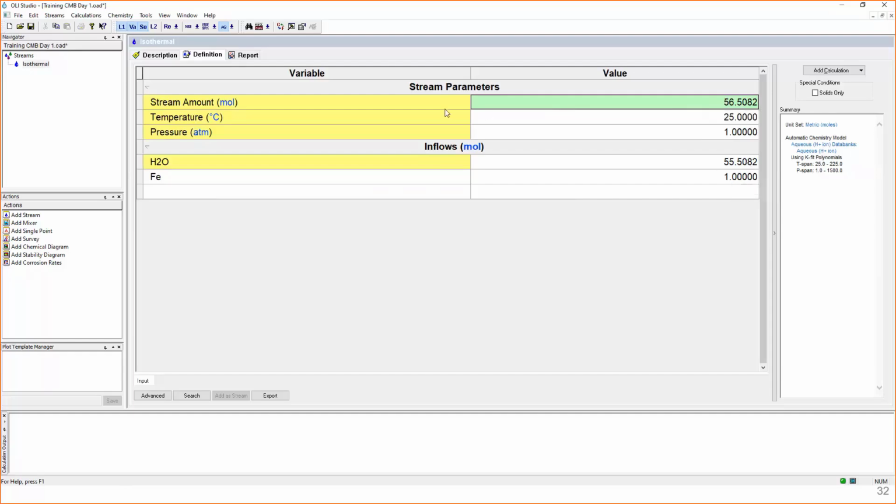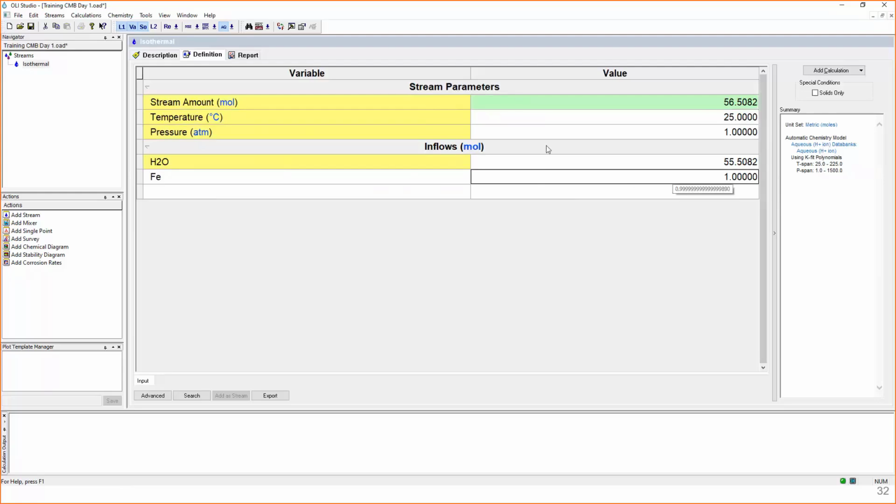Additionally, anything that is yellow cannot be edited. If you click on these yellow cells, the software will not allow you to delete or override anything. It is just constant. And anything that is white is anything that you can modify, delete or overwrite, okay?